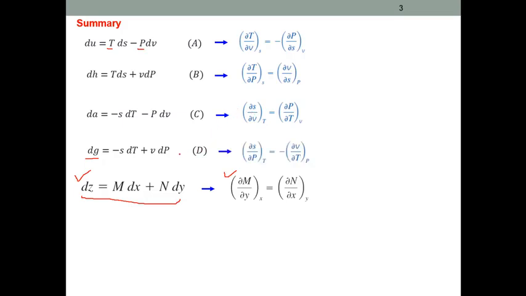And similarly for the first equation, we can also write partial s by partial P equal to partial v by partial T, and again here we have a negative, so one of them will carry a negative sign. So these four equations are known as Maxwell relations.